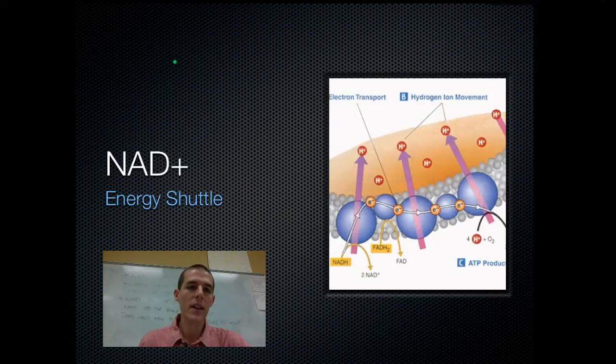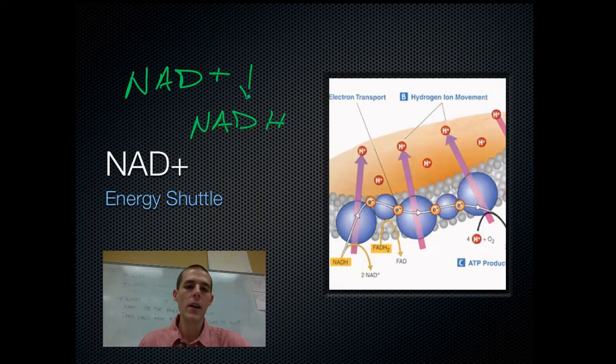In that process, in glycolysis and the Krebs cycle, electrons are stripped off of glucose, so that means that our glucose has been oxidized, and this NAD plus, in the process of those electrons being stripped, picks up those electrons, and he also picks up a hydrogen, so he goes from being NAD plus to NADH.